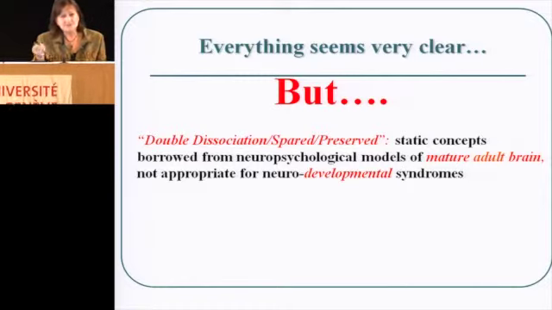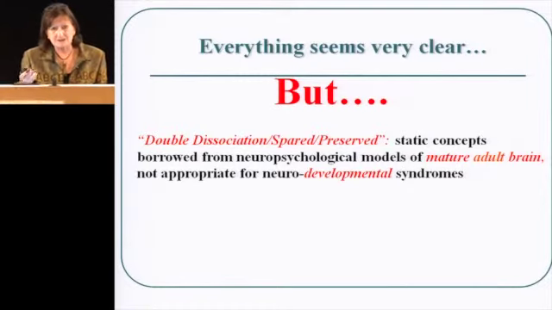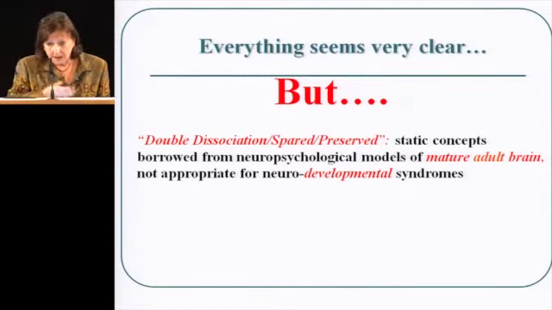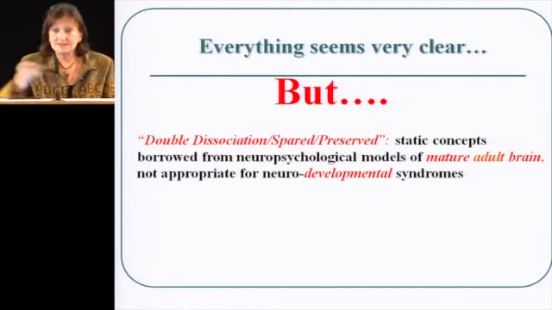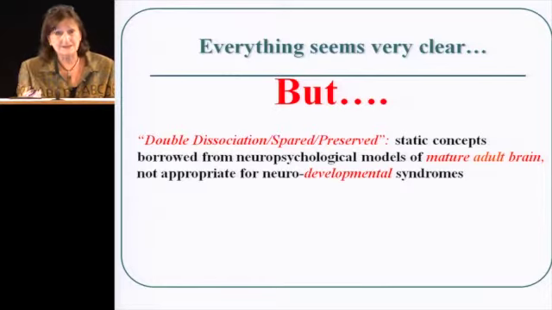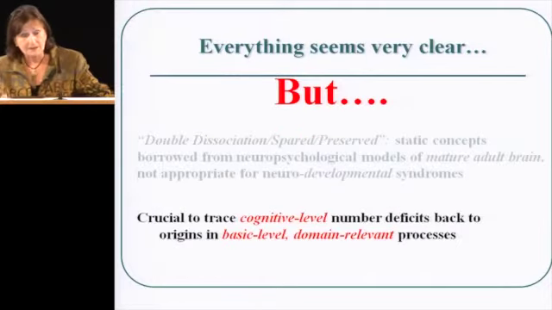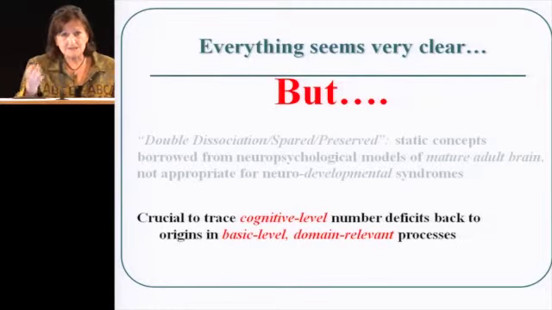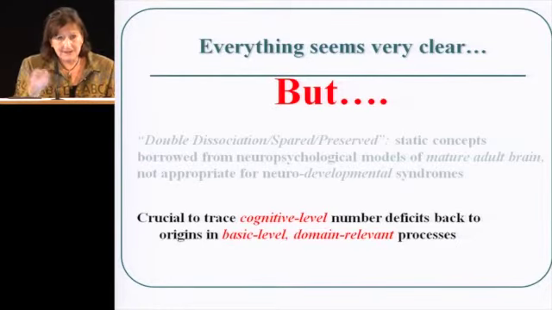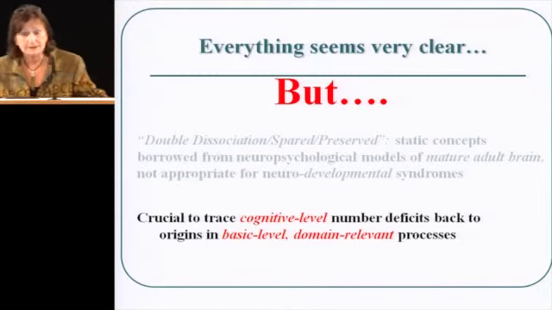And these are borrowed from the adult neuropsychological literature, where after development something might be preserved or spared, but it has nothing to do with developmental syndromes, in my view. And I think it's absolutely crucial to trace any particular domain of knowledge back to much more basic level processes as early as one can in infancy.